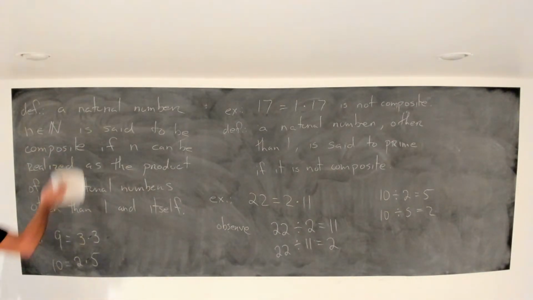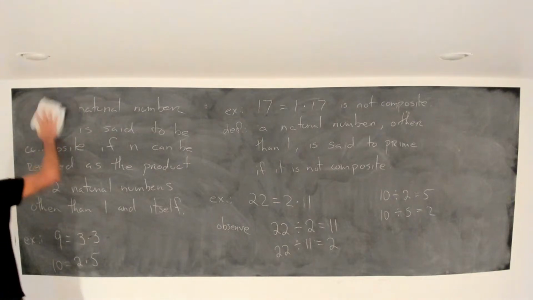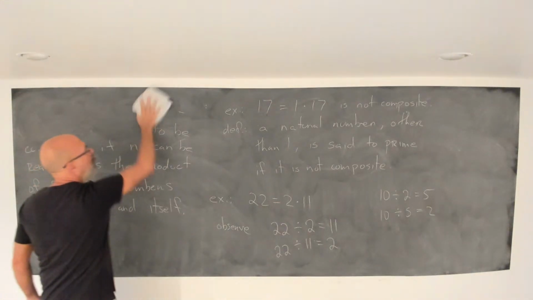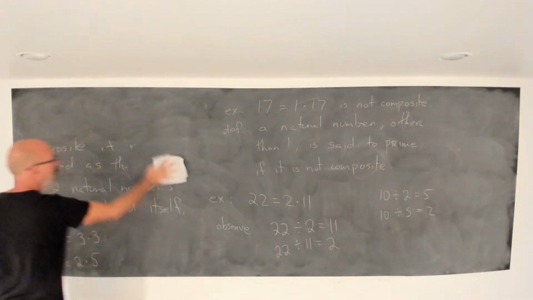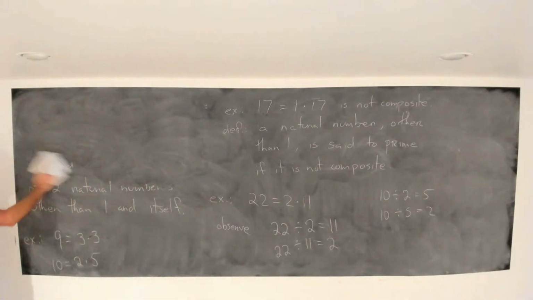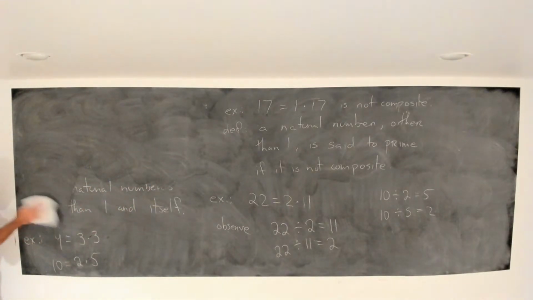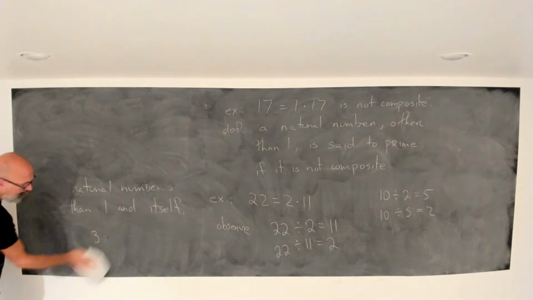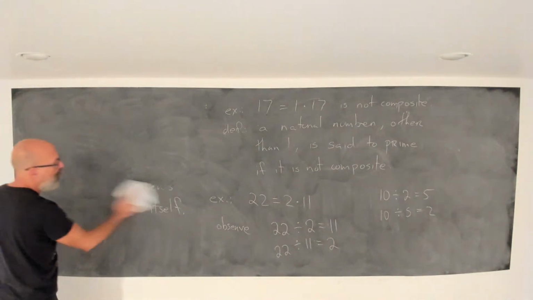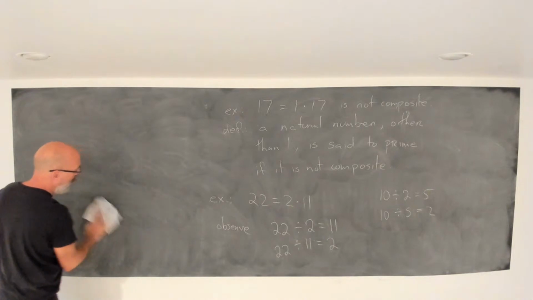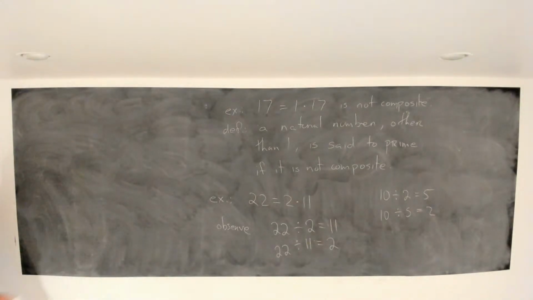And this really leads us to perhaps the definition of a prime number that you had in mind. Right here we define it as something that wasn't a composite number. But if you remember back to high school and perhaps elementary school, you might have had a different definition of a prime number. And let's give it now.